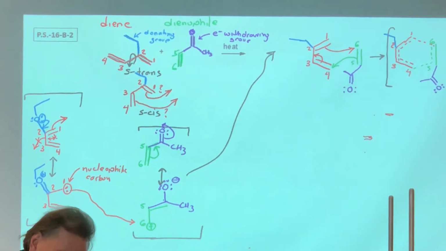Okay. So what happens between the 1 and 2? Breaking or forming? Breaking, right? What happens between the 1 and 6? Forming. Between the 6 and 5? Breaking is then between the 5 and 4, obviously what? Forming, and then 3 and 4.